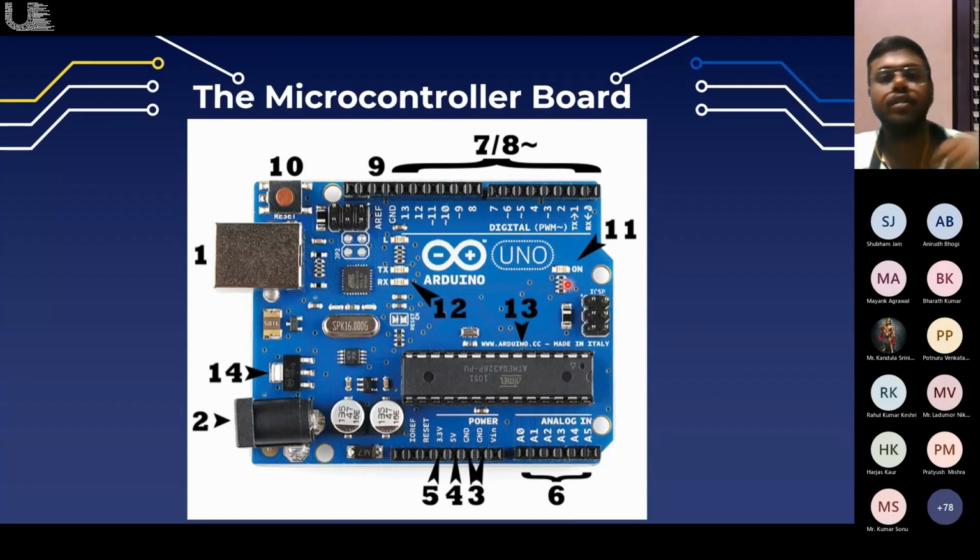And then number 12 are the TX and RX LEDs. TX stands for transmission, RX stands for receive. These markings appear at various places in electronic devices, and they are responsible for serial communication. There are 2 places in the Arduino Uno where the TX and RX appear, once by digital pins 0 and 1.